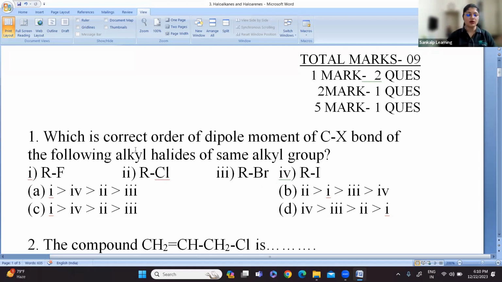So how will we explain this particular answer? How are you going to explain this answer, students? What do you mean by dipole moment? Firstly, what do you mean by dipole moment?